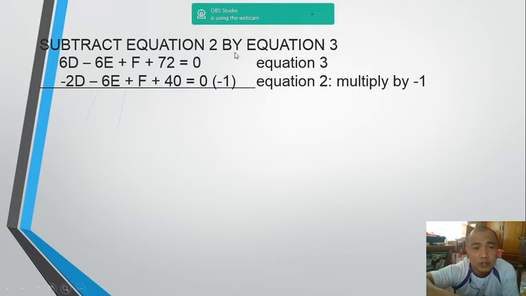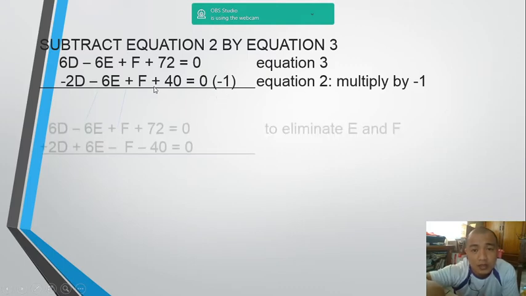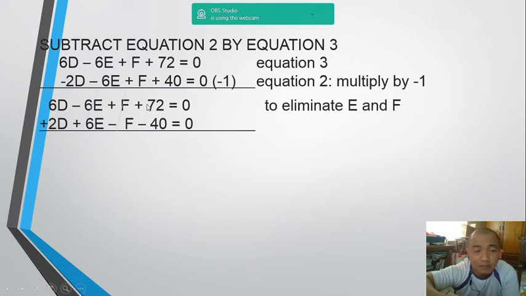Is there anything to eliminate here? None. So I will multiply -1 to equation 2 in order to eliminate F. Para maging negative yung isang F. So it becomes 2D plus 6E minus F minus 40 equals 0.